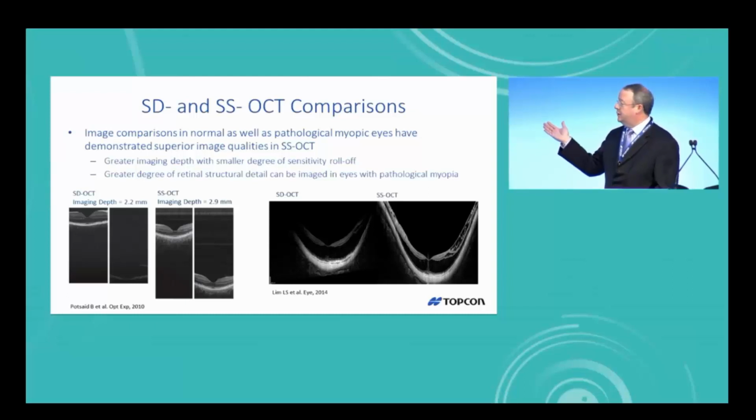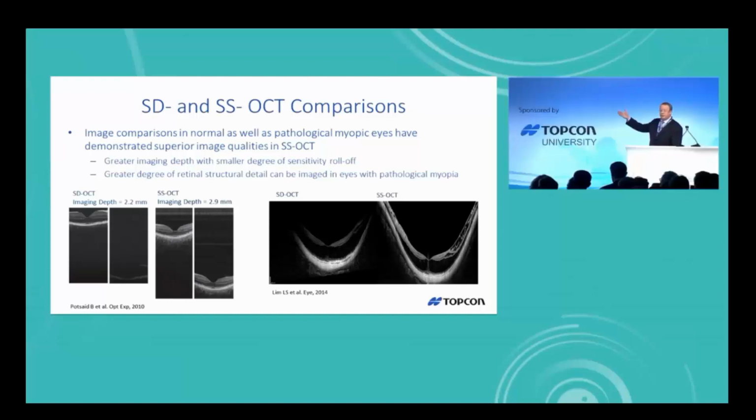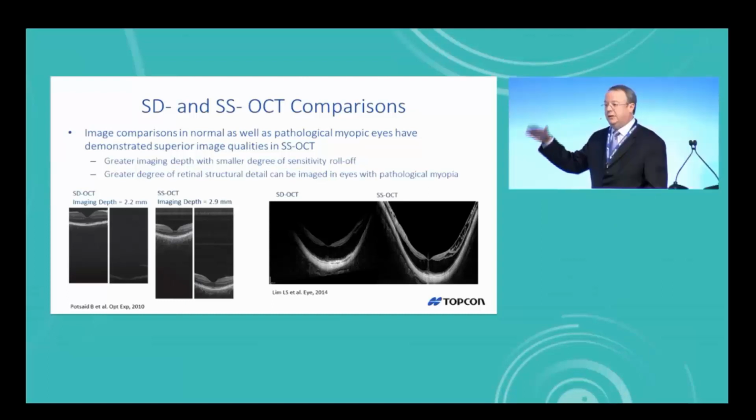On the right, we see a pathological myopia case where with spectral domain OCT, even though the image is well within the display, we actually don't see the retinal details towards the top, towards the zero delay line. Presumably, the focus in the image is towards the bottom of the display. On the other hand, with swept source OCT, we see details throughout the entire image display.